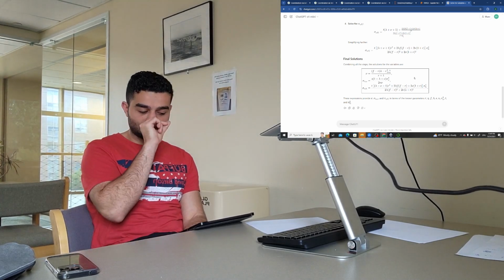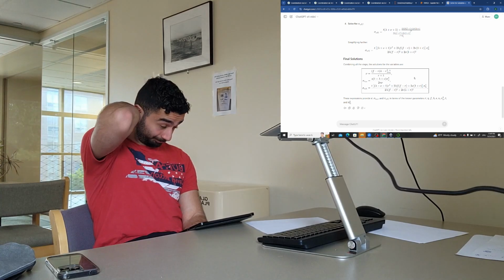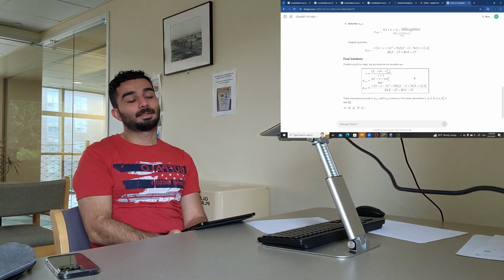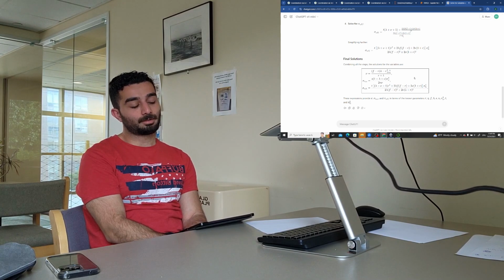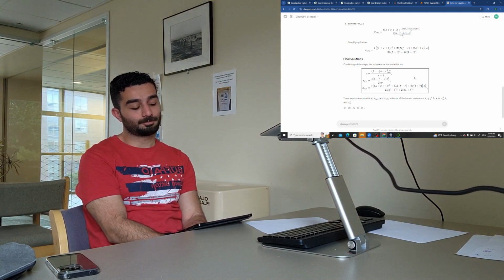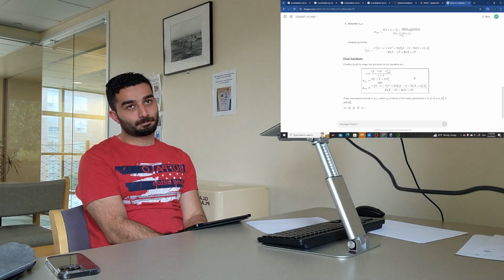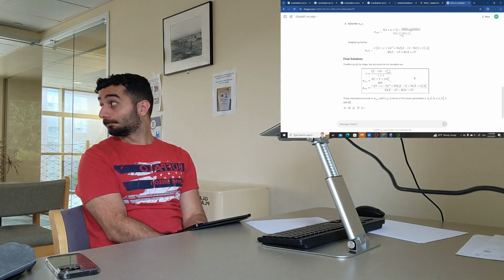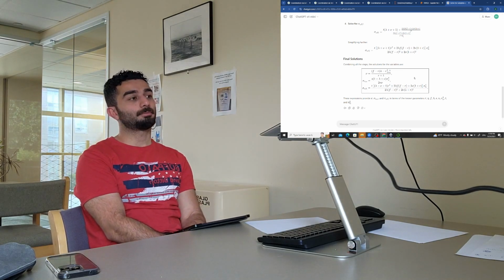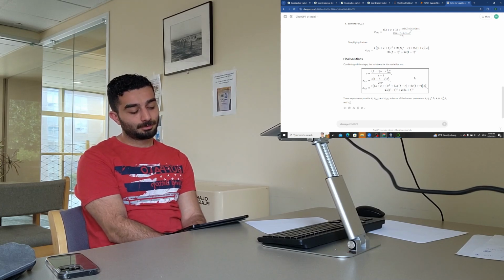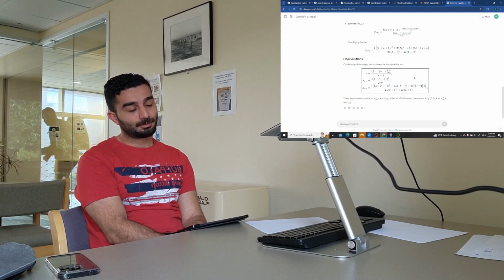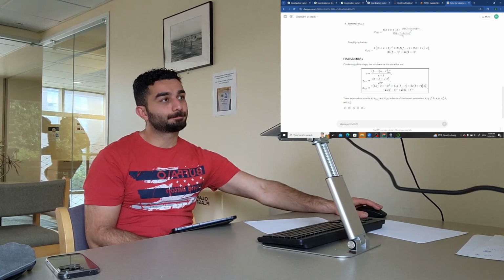If lambda is positive, it means the first constraint is binding. If nu is positive, it means the second one is binding. And then we are minimizing the dual function over lambda and nu.